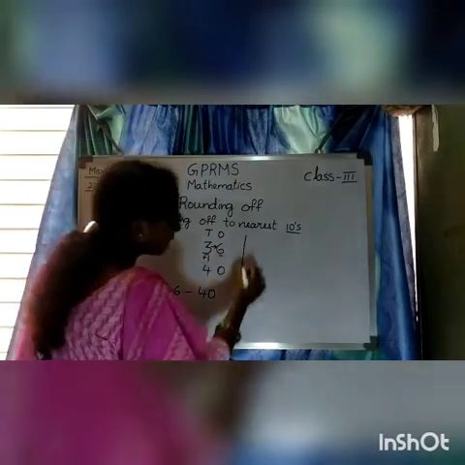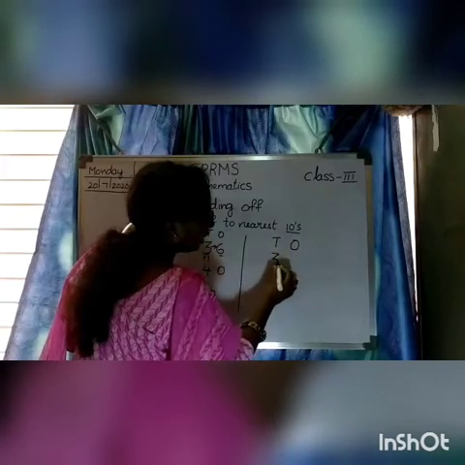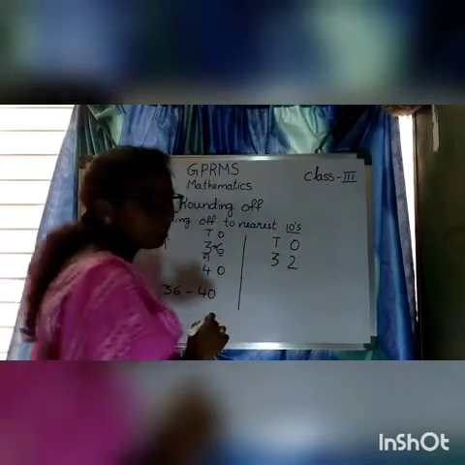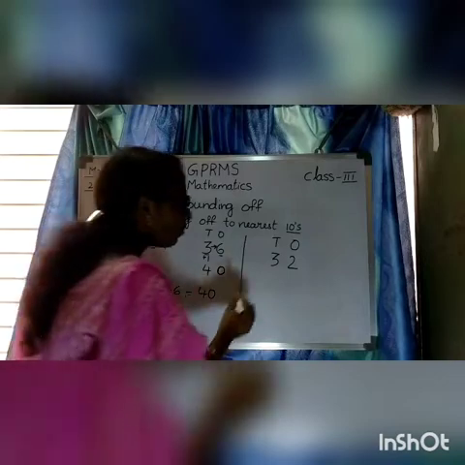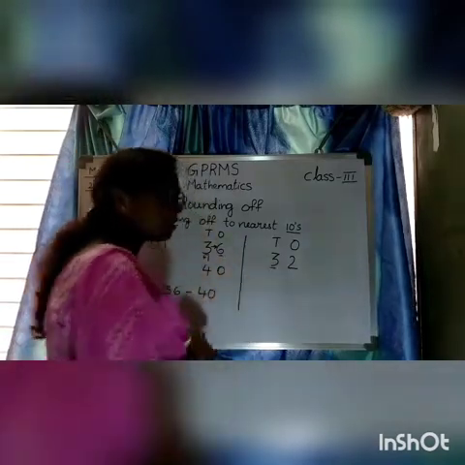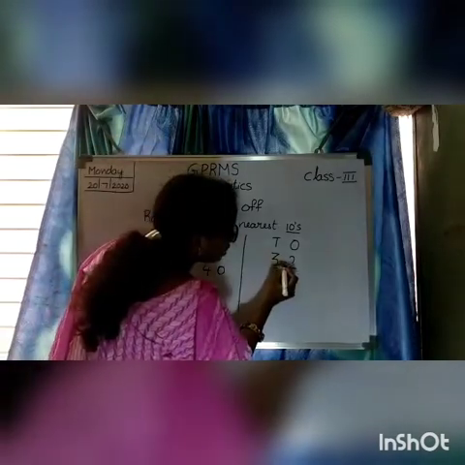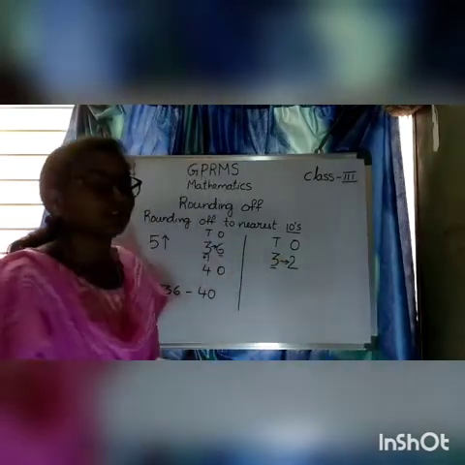Similarly, one more example I am taking, 32. See here, 32. Which place are we rounding off here? Tens place. That means 3. So which digit do we have to see? The digit which is right to 3, that is 2.